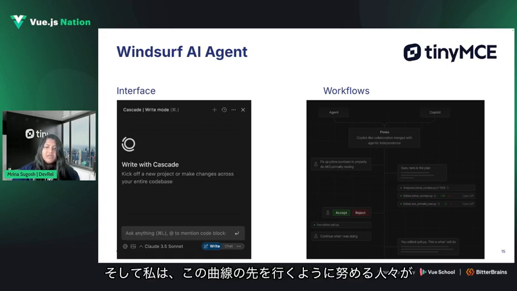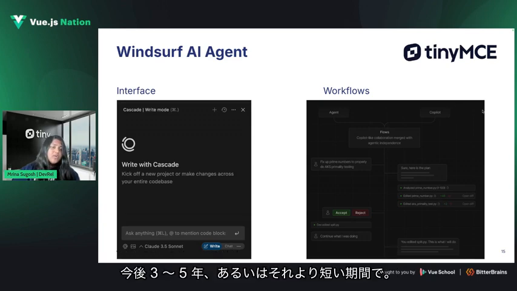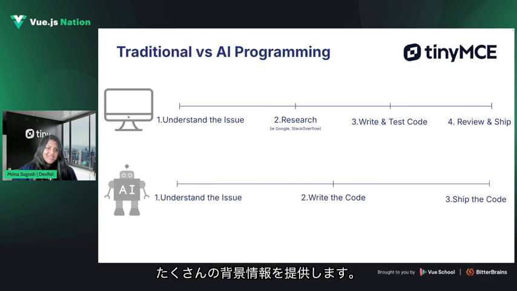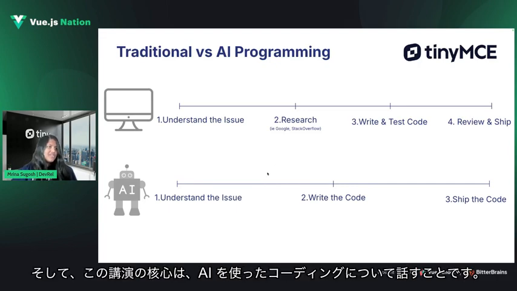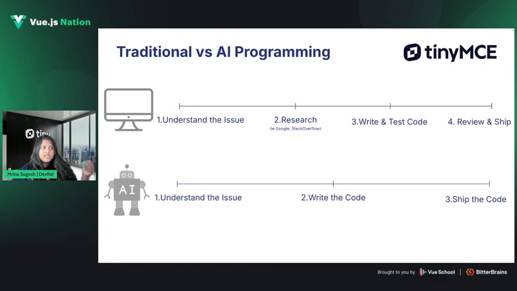I truly believe that the folks who try to get ahead of this curve and who try to understand these different agents are really going to be valuable in the next 3 to 5 years, or maybe less. And let's get back to the crux of this talk, right? I gave you a lot of context. And the crux of this talk is coding with AI. And to do that, we need to understand a few things.